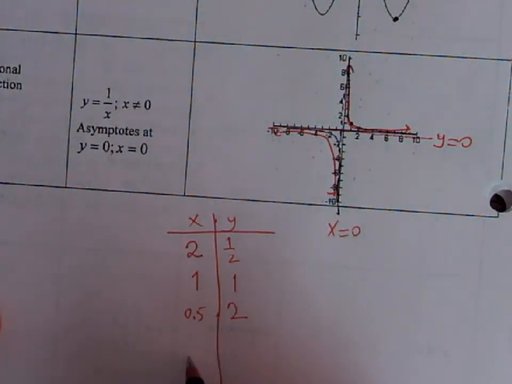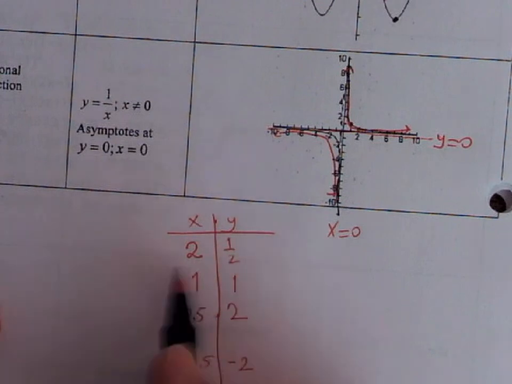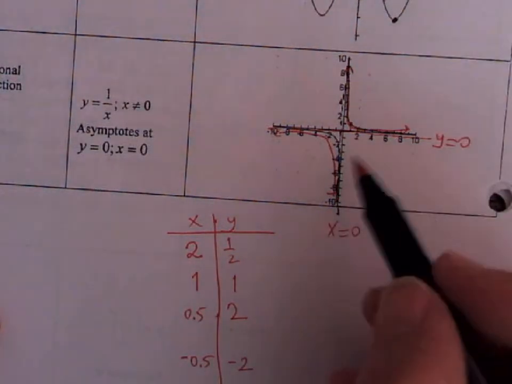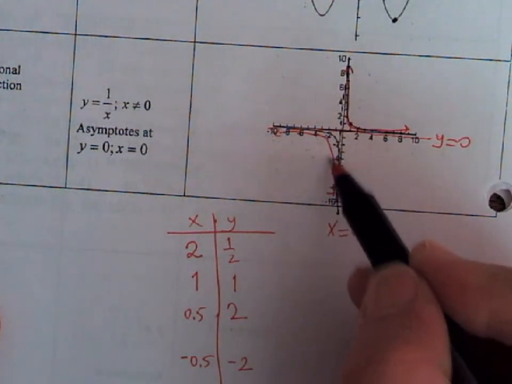How about negative 0.5? 1 over negative 0.5 is negative 2. Or negative 1: 1 over negative 1 is negative 1. Negative 2 gives you negative 0.5. So you can also place those points there.